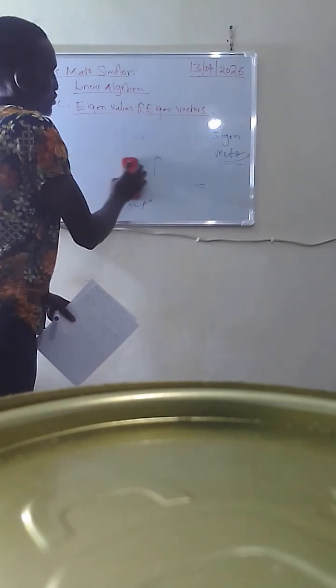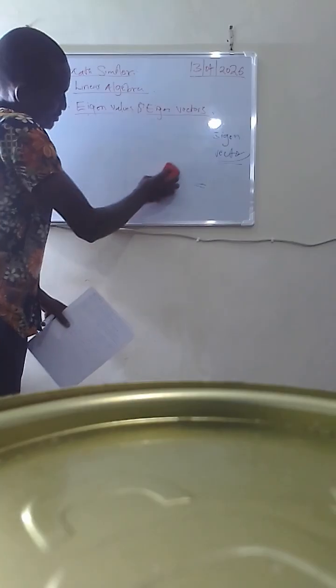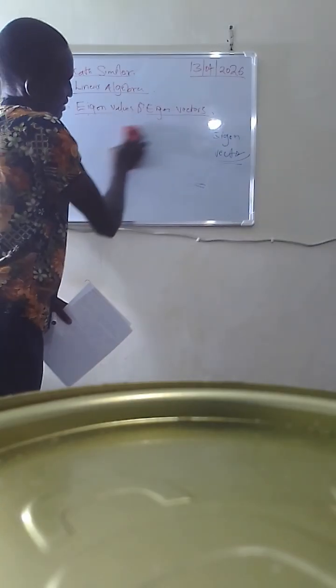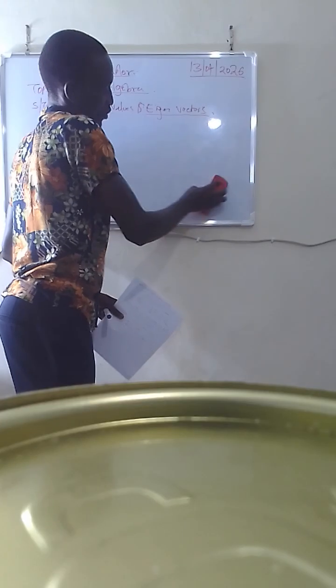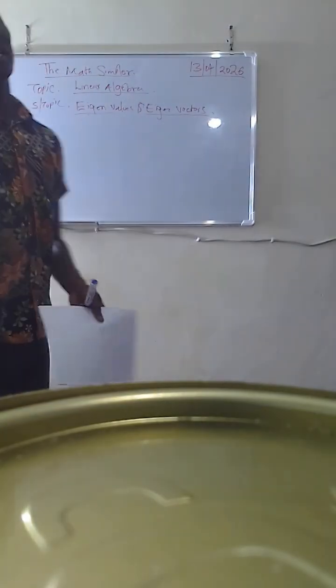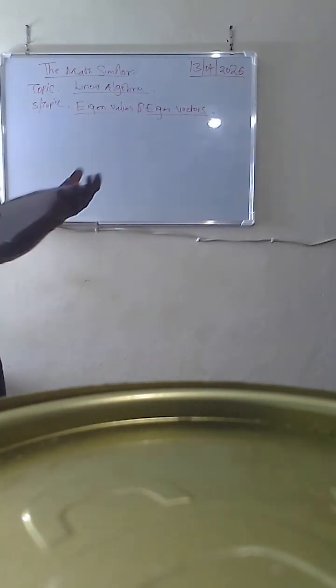So we want to go through some word problems and examples on eigenvalues and eigenvectors, to help us know how you can get the eigenvalues and eigenvectors from a matrix, because all transformations apply to matrices.